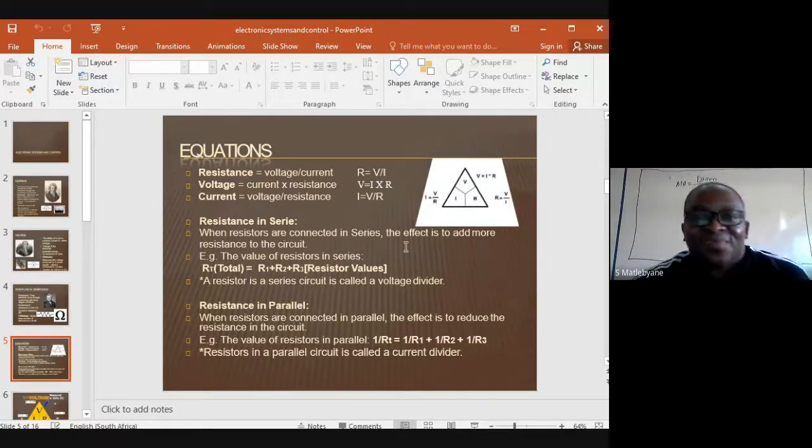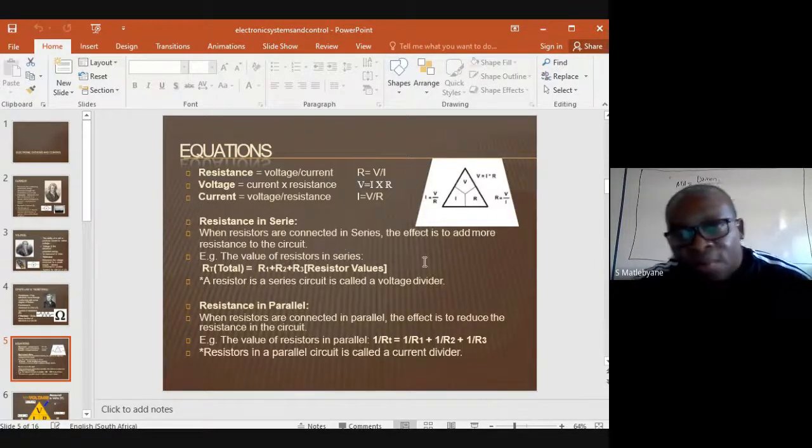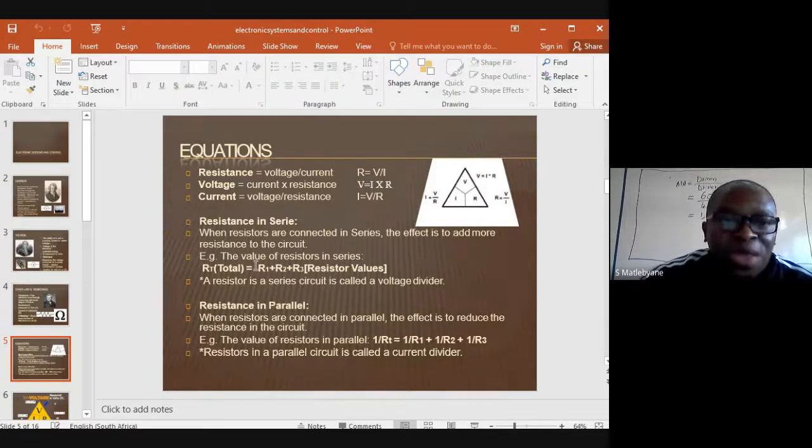So when the resistors are connected in series, we add them one after the other. So we'll say R1 plus R2 plus R3. You add the value of the resistors, then you get your answer. So it will depend on the number of resistors that you have. If you have one resistor, it will be just R1.